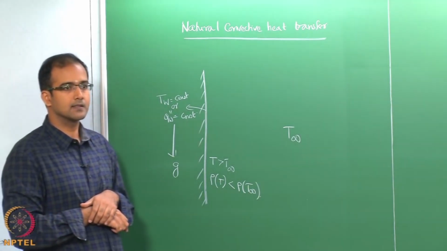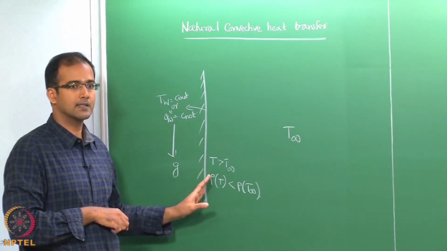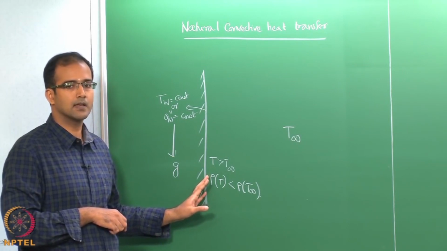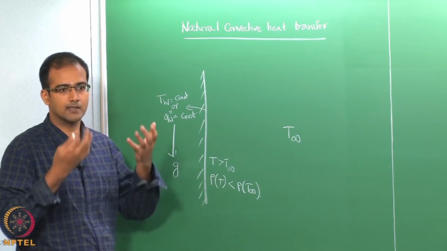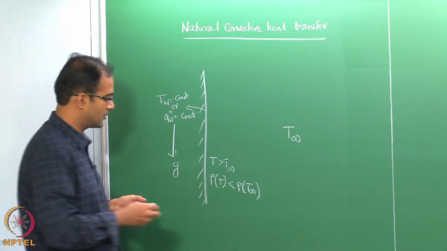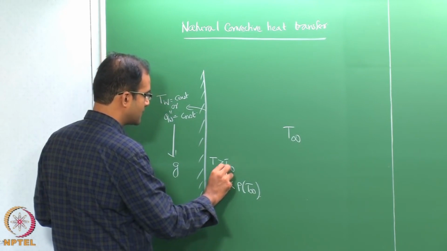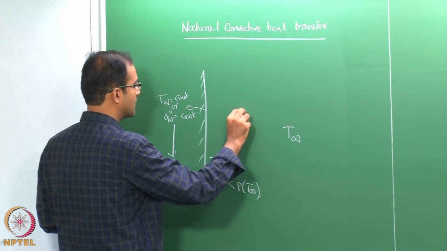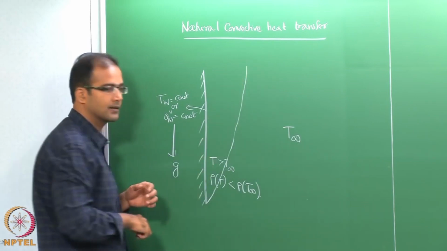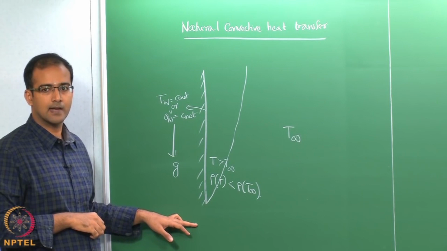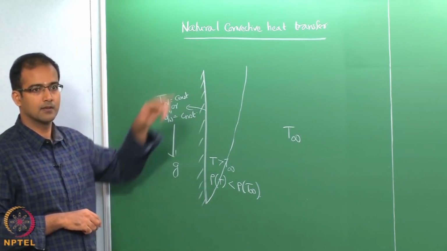That means you have a lower density air close to the hot surface. Now, the tendency of the lower density air is to naturally rise up, right. So, over a period of time you will see visually a boundary layer forming and growing from the leading edge. The leading edge here is actually the bottom of the plate, all the way up.